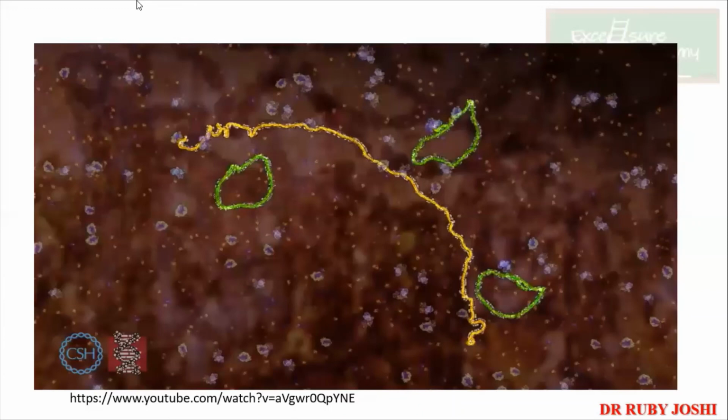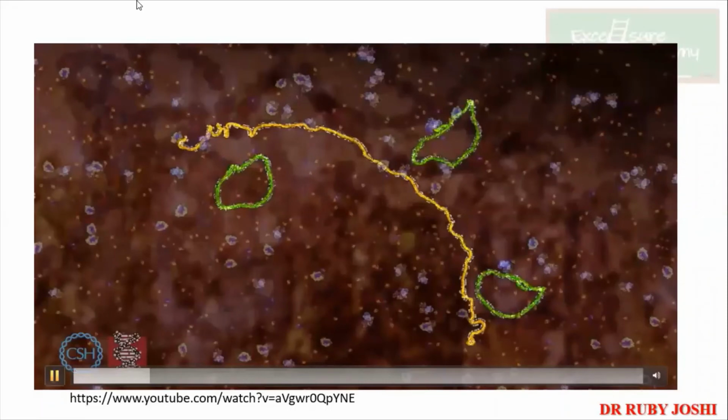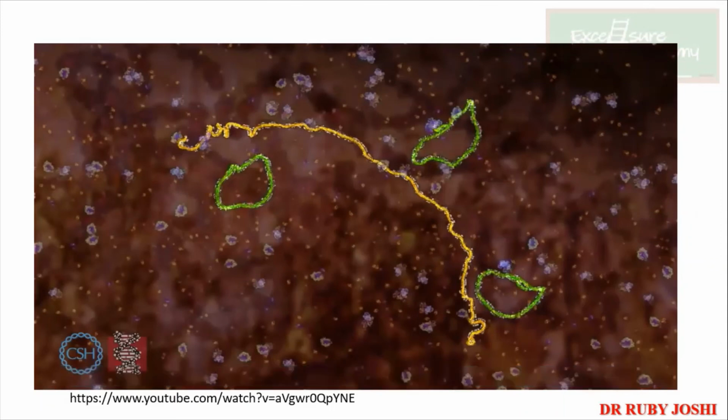Is the splicing happening inside the nucleus or outside the nucleus? What do you think? Any guesses? Yes, it is correct. It is inside the nucleus, because in the cytoplasm, only your matured RNA will be transferred.